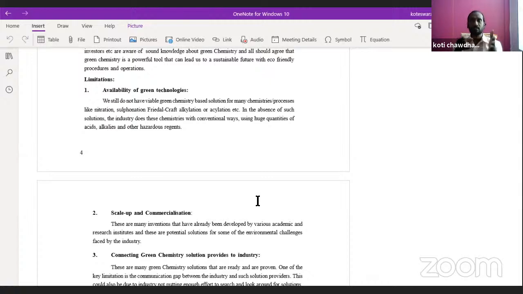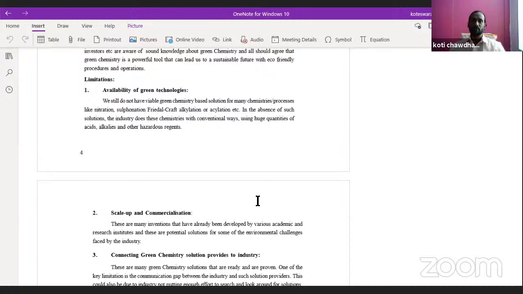Whenever we convert into a green mode of synthesis or production, the availability of green technology is important. All these conventional procedures of nitration, sulfonation, and Friedel-Crafts alkylation involve very strong acids, alkali solutions, and hazardous reagents.